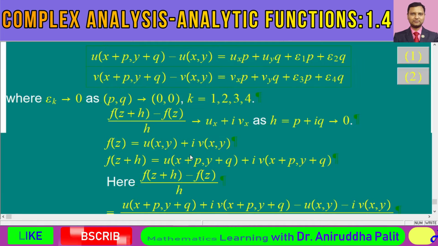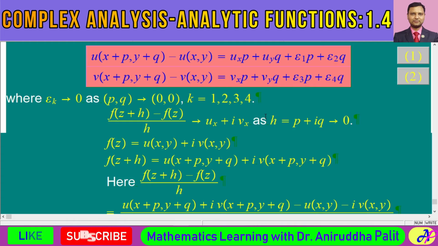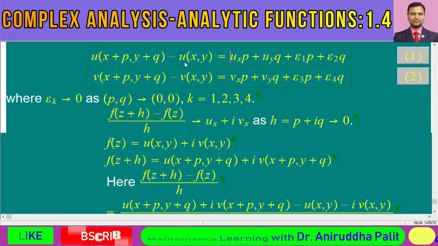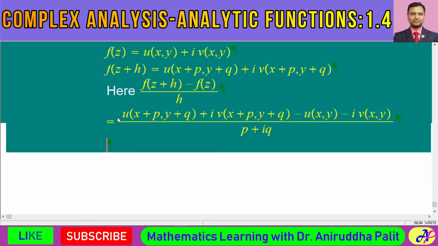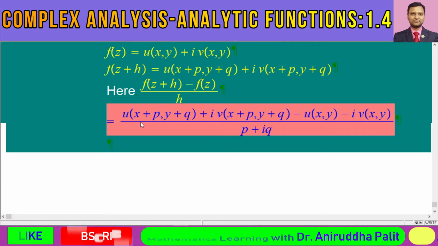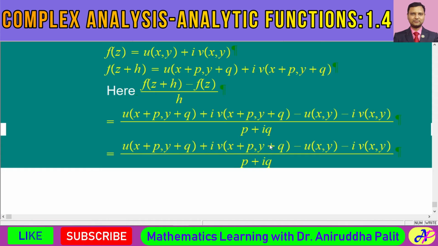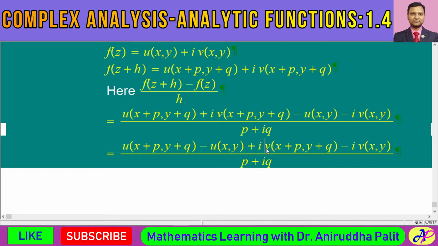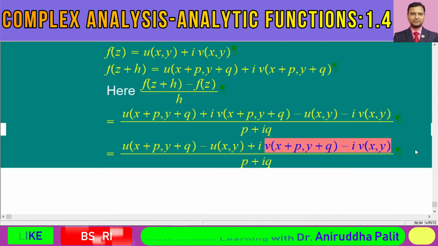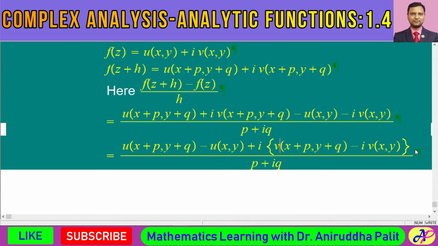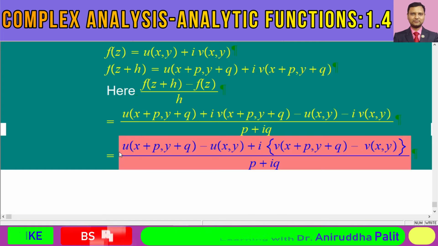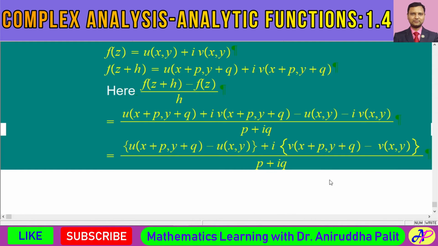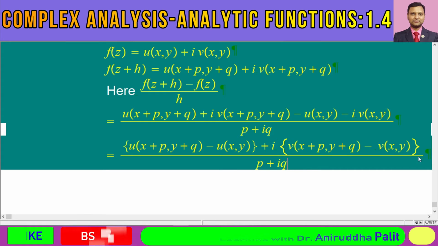Now we shall use these two relations, relation number 1 and relation number 2. So over here you see this can be arranged in this way. If you consider the real part, this can be written in this fashion, and i can be taken common. Over here, this is the real part, and this is the imaginary part.